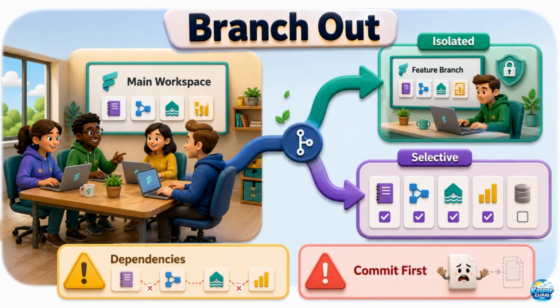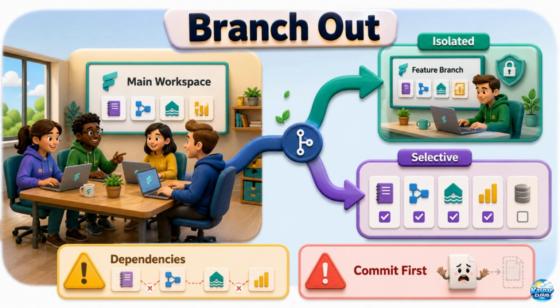The documentation also describes selective branching, where only selected items are included in the branched workspace. This can reduce setup time, but dependencies must be selected carefully or the workspace may not function correctly. Before branching out, teams should commit anything they want to keep, because unsupported or unsaved content can be lost during the process.